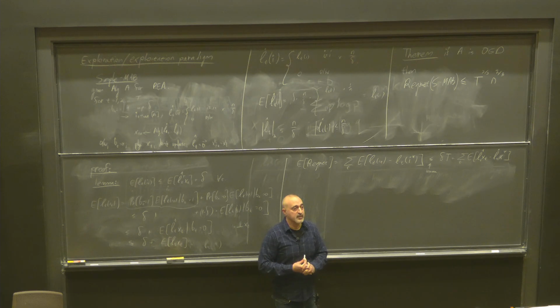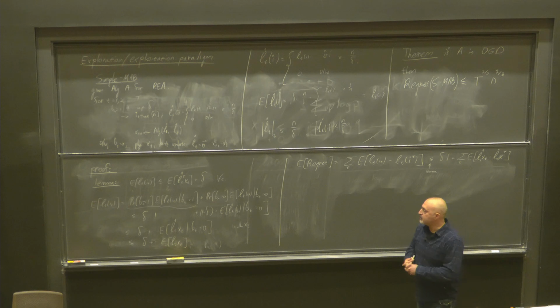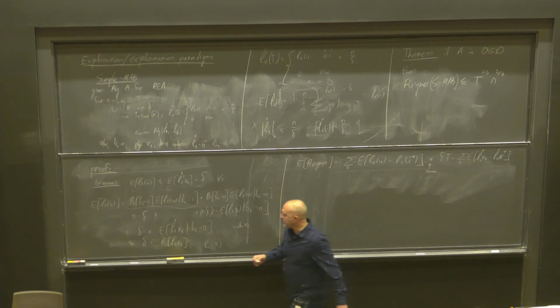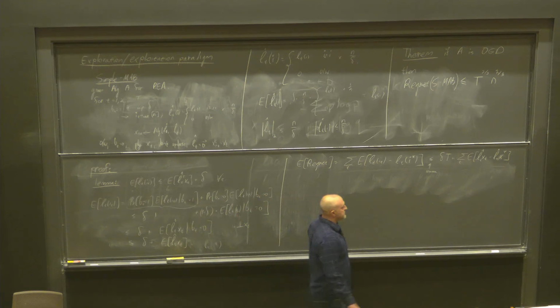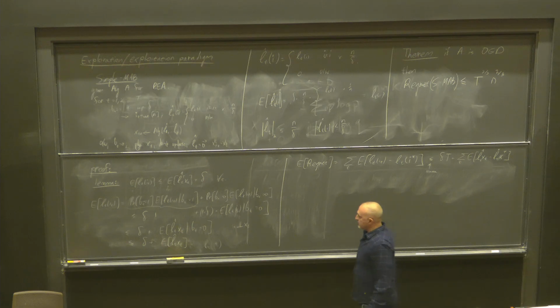Yeah? So I could not get why, given BT equals 0, L hat becomes like the last step. Why is it independent? Why does BT equal 0 get removed away?